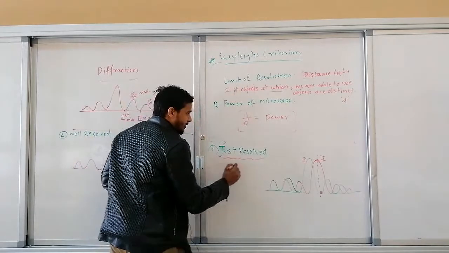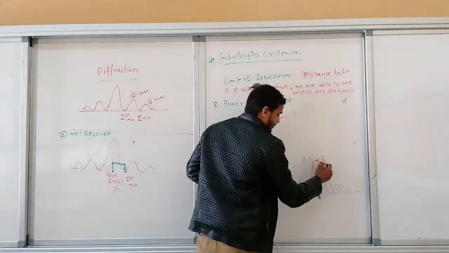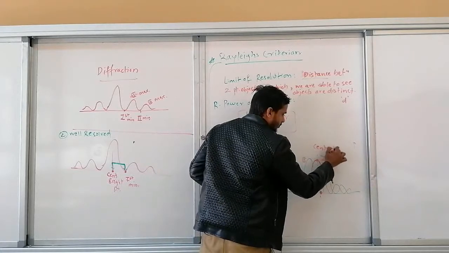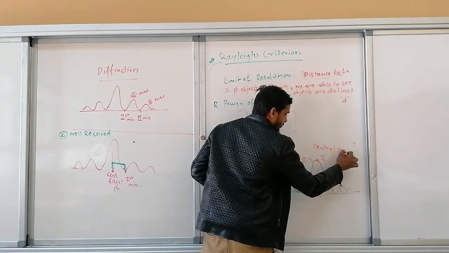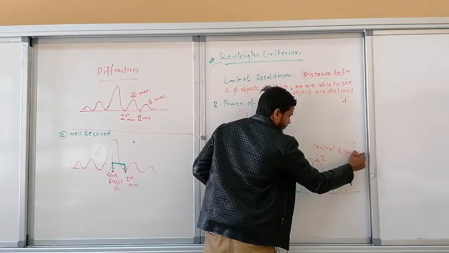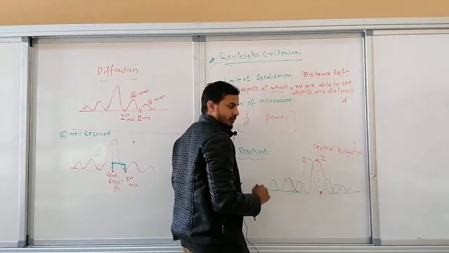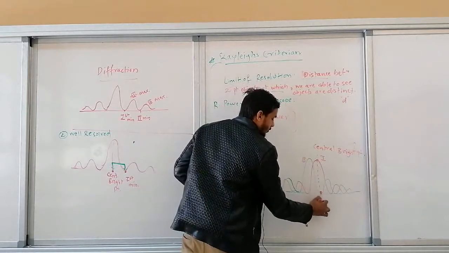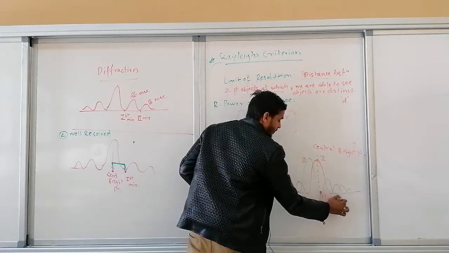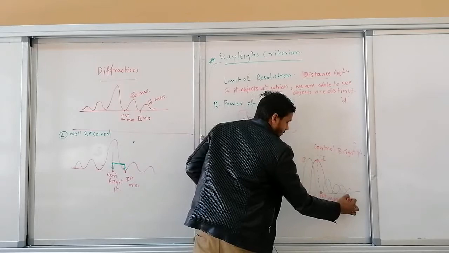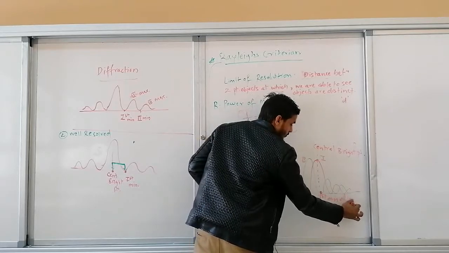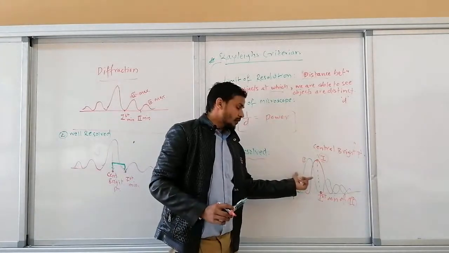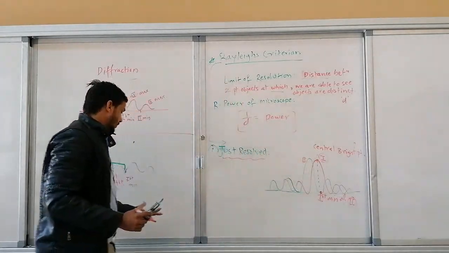I am writing here only: the central bright point of the first point object is overlapping on the first minimum of the second point object, then this is said to be just resolved.